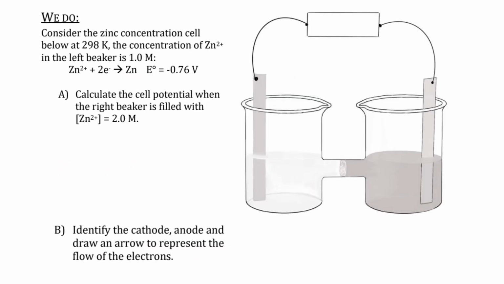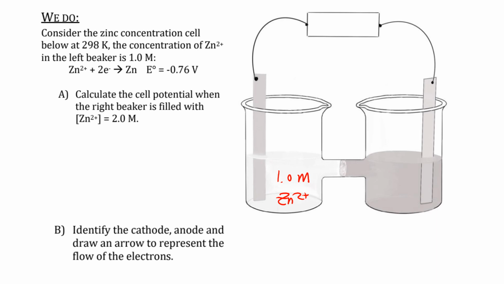So you have a zinc concentration cell below at 298 Kelvin. The Zn2+ in the beaker on the left is 1.0 molar, and there's zinc 2+ in this solution. There is your half reaction with your E0 of negative 0.76 volts.